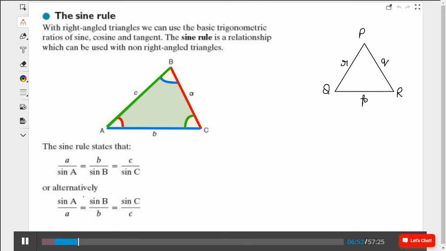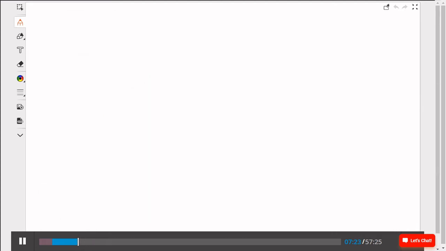Let's take a quick example here, then it will be clear to you. They give you one triangle and ask a question. They've given two angles in this.